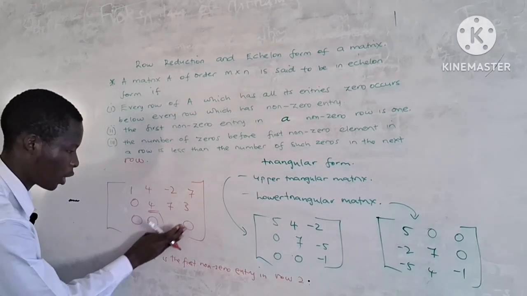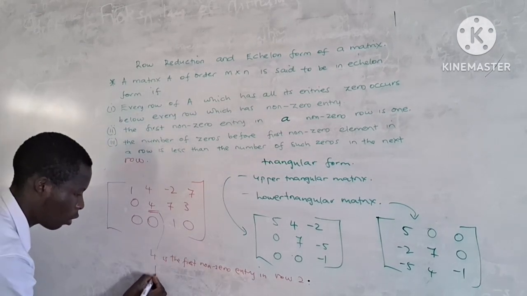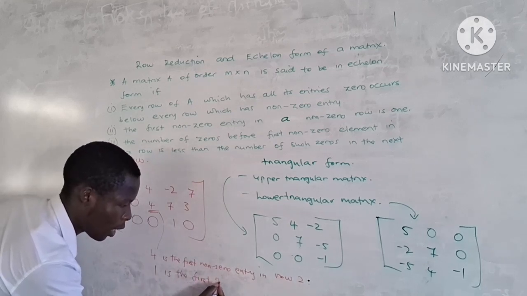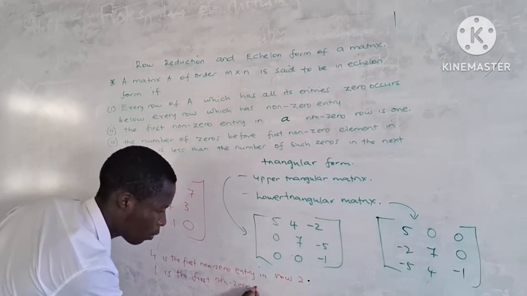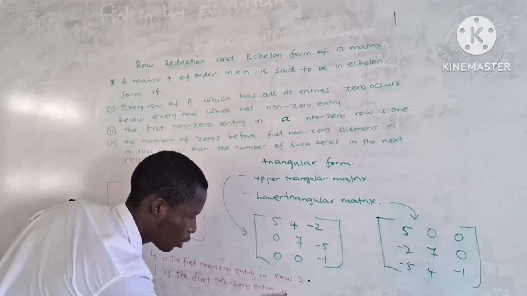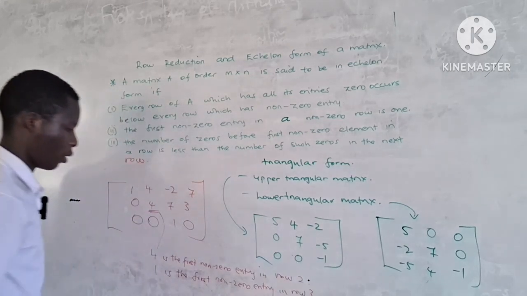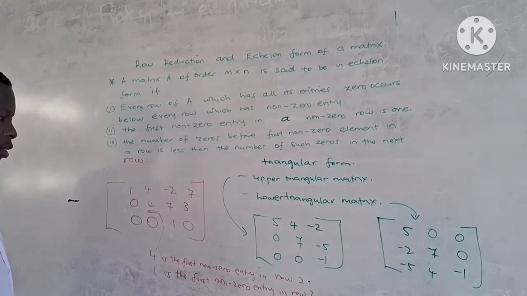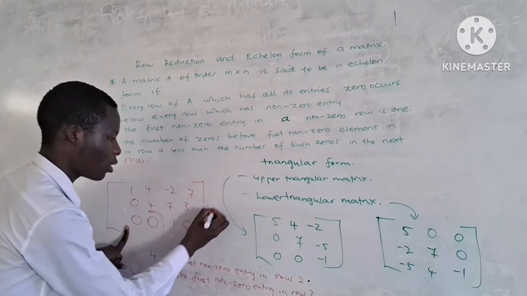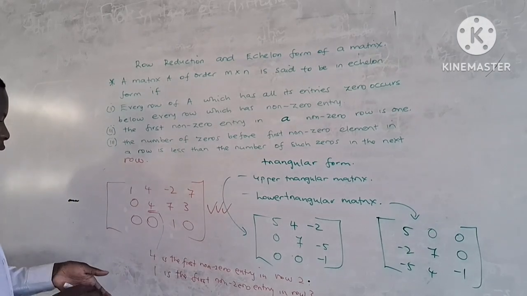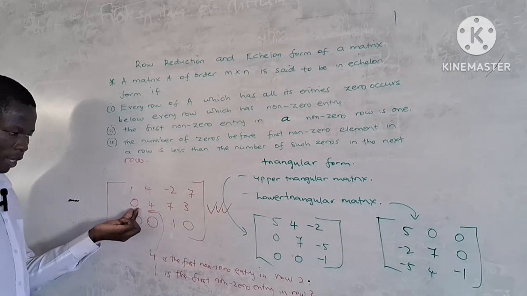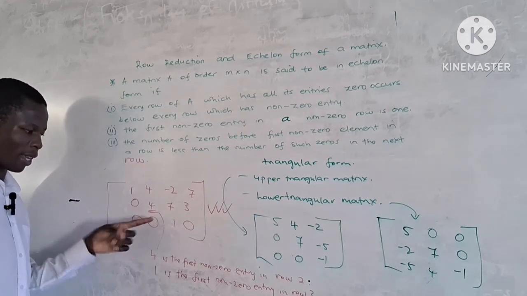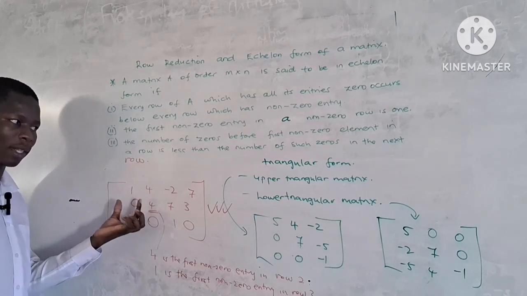I'm going to change here and write 1. 1 is the first non-zero entry in row number 3. So 1 is the first non-zero, 4 is the first non-zero. This is correct. Why? Because the number of zeros here is 1 and the number of zeros here is 2, which is greater than the number of zeros in the previous case.